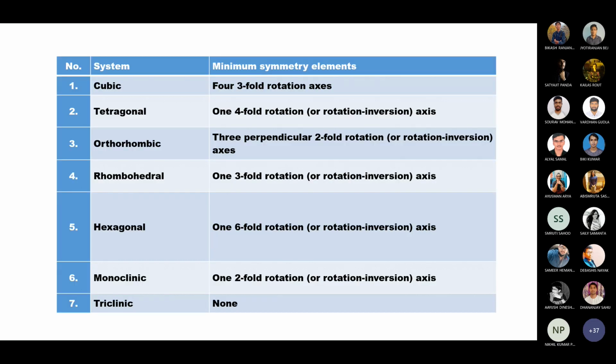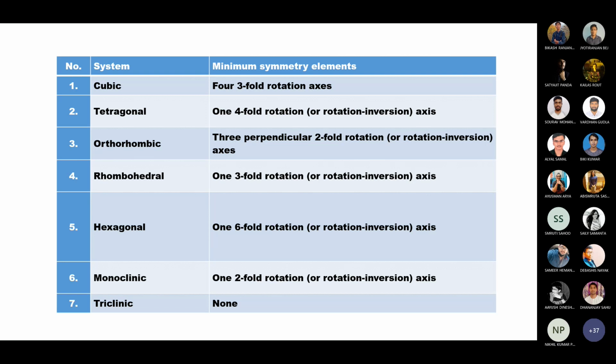Now we are going to understand the different symmetry elements associated with different crystal systems. So if you look at the cubic crystal system, a threefold rotation axis is there.